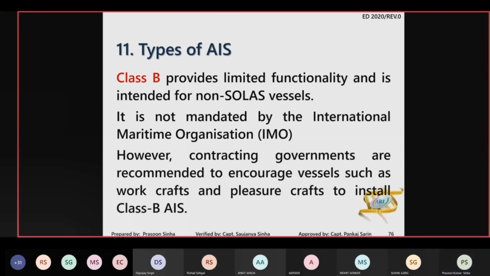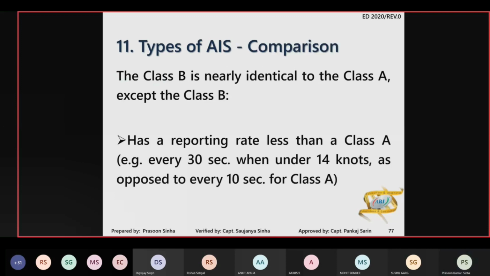Class B. Next. Class B is working on the same frequency, on the same time slots.